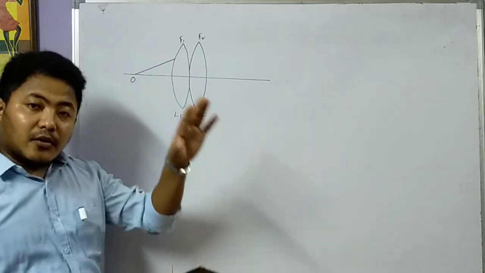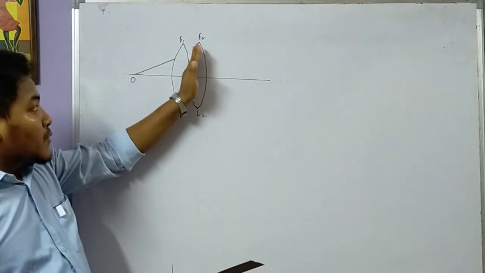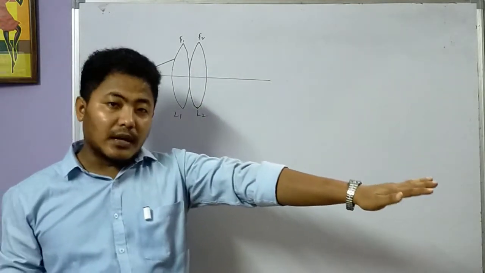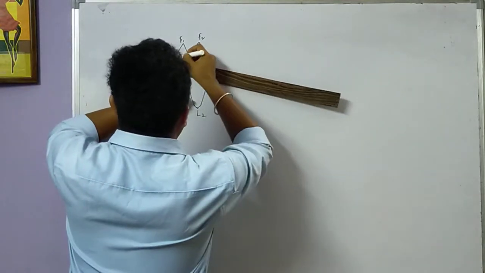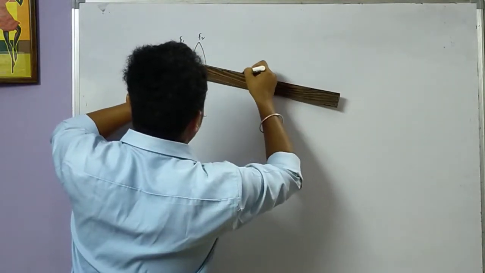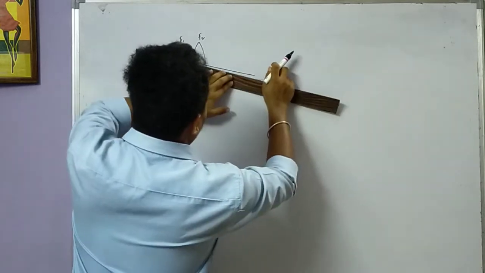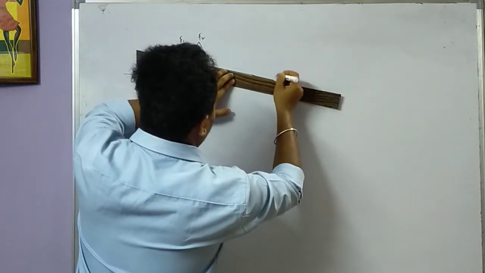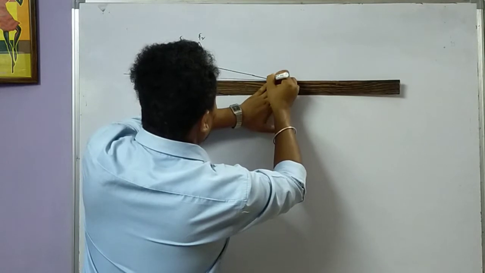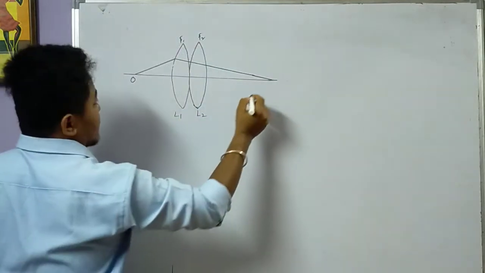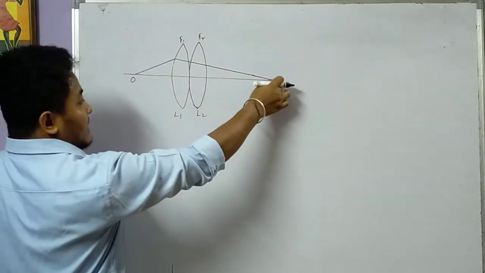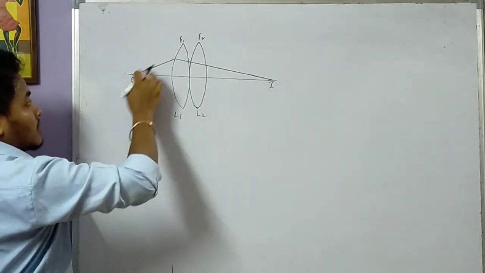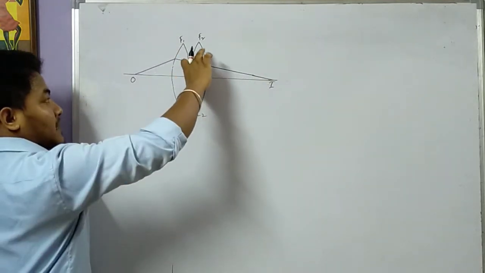If I consider that lens number 2 is no more available, then this ray will refract like that, and this ray will create an image, suppose somewhere here. This is going to be the image, suppose this is I. That means I is the image formed by this object for lens number 1 in the absence of lens number 2.